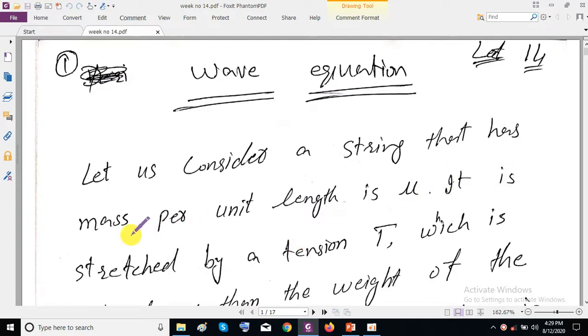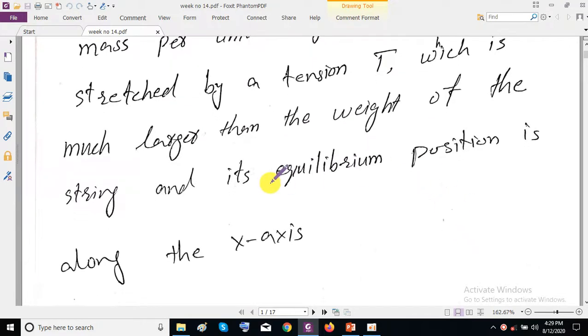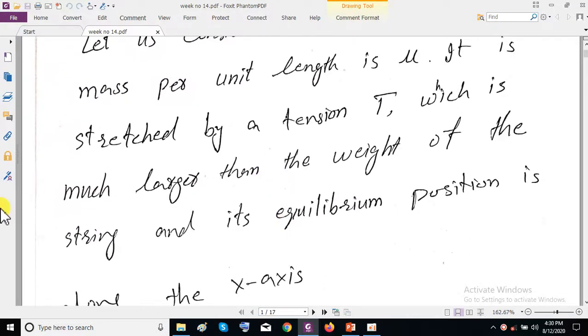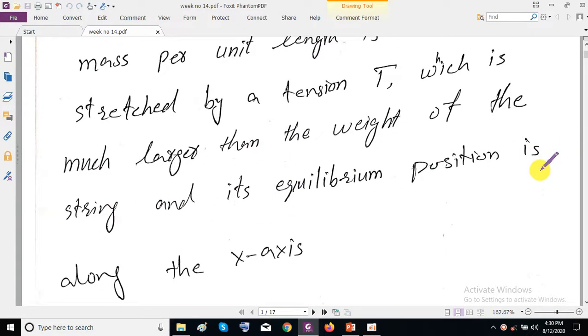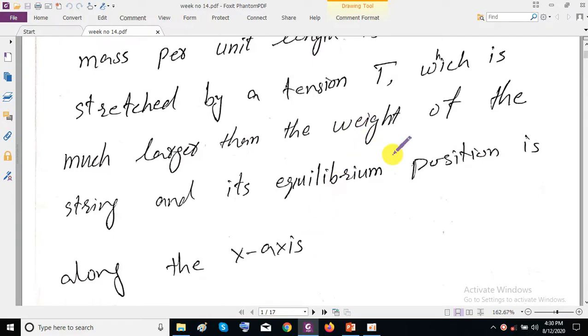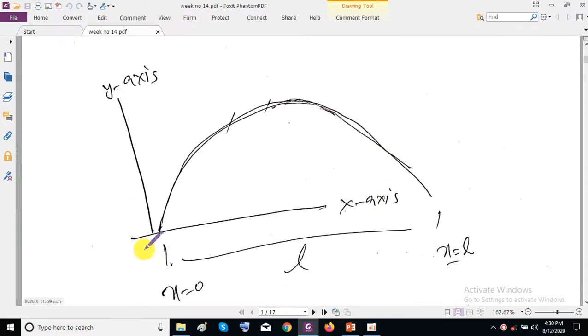It is stretched by a tension T, which is much larger than the weight of the string, and its equilibrium position is along the x-axis. Like this one: it is stretched by some tension, maybe from the upward direction or in this direction, and so on.